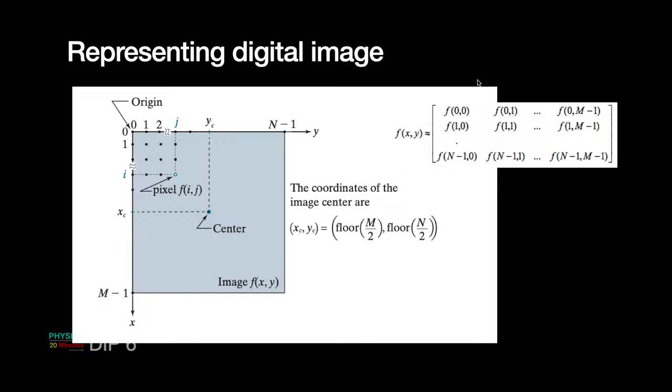So each location in this matrix corresponds to the location of a pixel in the image. So 0, 0 is here, and n minus 1, n minus 1 is here. Now, what is the value of each location here? The value of each location, as we have already seen in the last class, is a function of position.